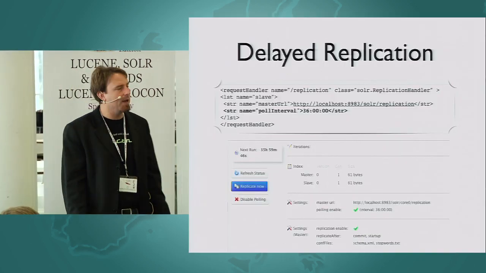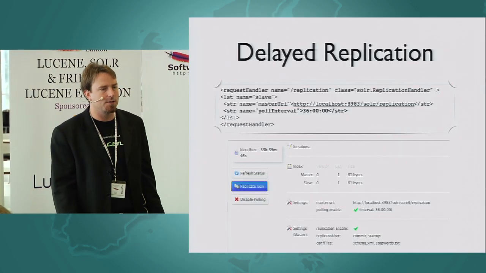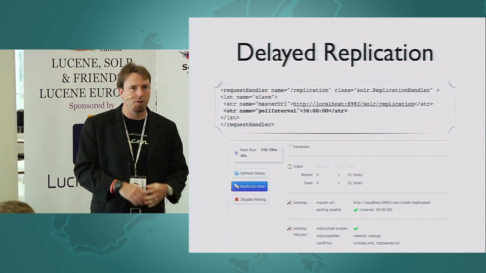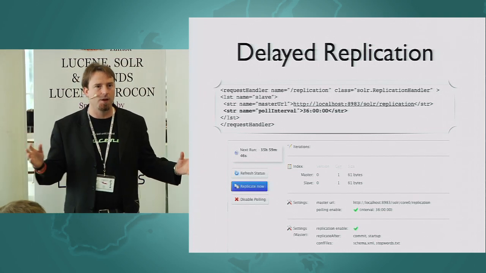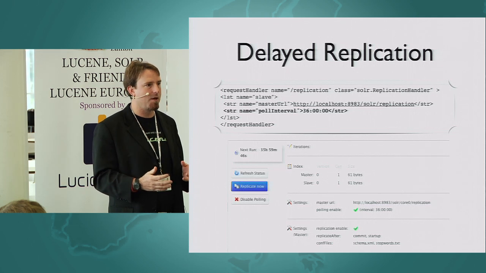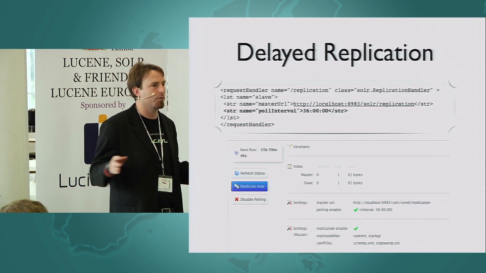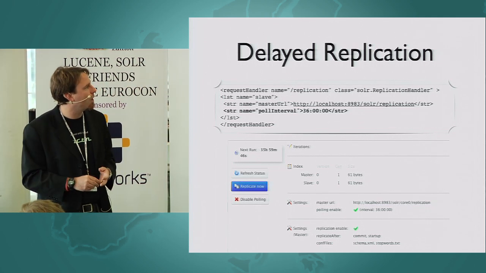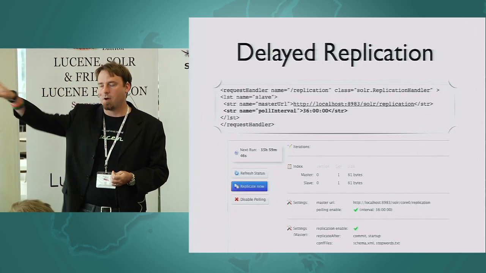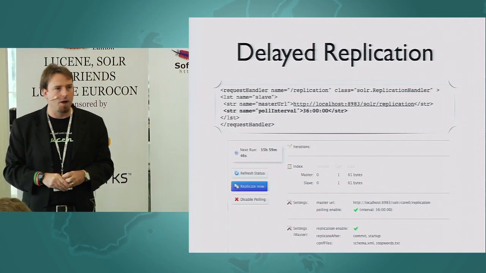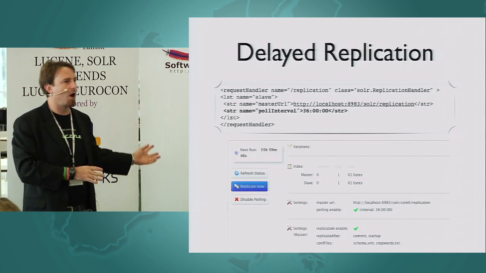We had a lot of paranoia about someone accidentally doing a delete query that would blow away the whole index, right? And nobody noticing that for a couple of days, like if it was over a long weekend. So we actually would run a delayed replication to an off-site data center every 3 days that would just get a copy of everything.